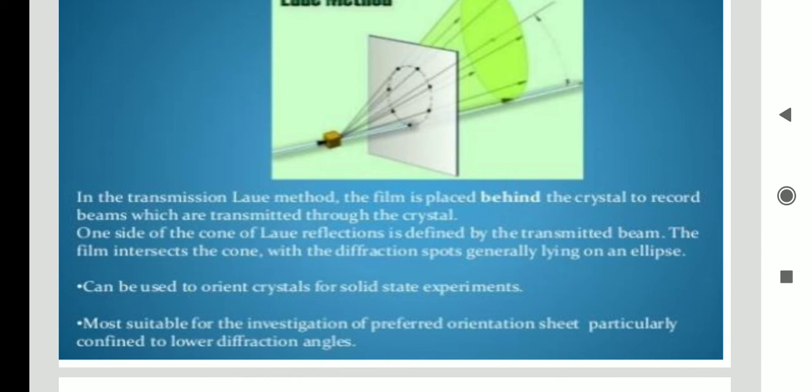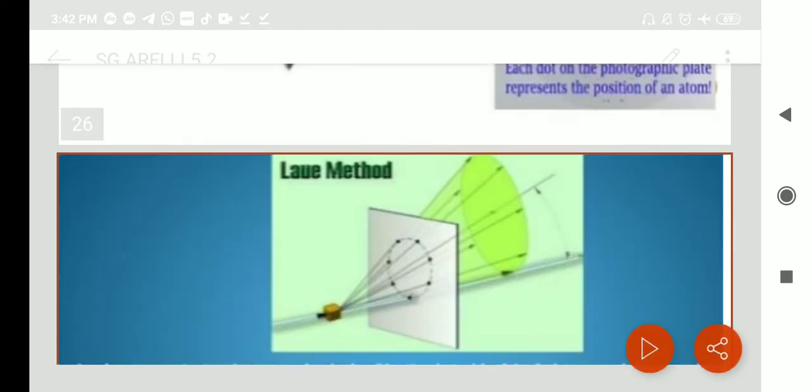The film intersects the cone with the diffraction spots generally lying on an ellipse, so an ellipsoid form, and can be used to orient crystals for solid state experiments. Most suitable for the investigation of preferred orientation, particularly confined to the lower diffraction angle. For the lower diffraction angle purpose, we are using this one.